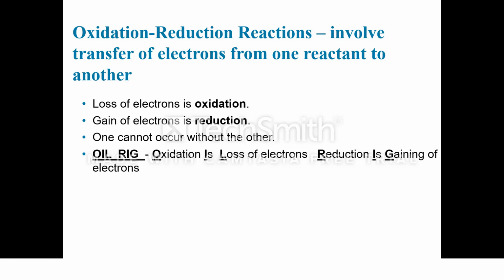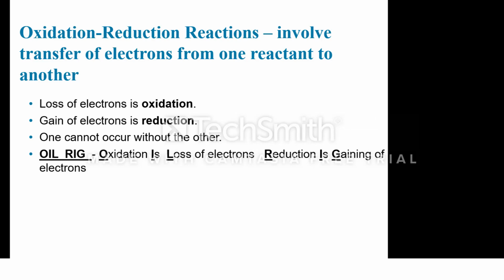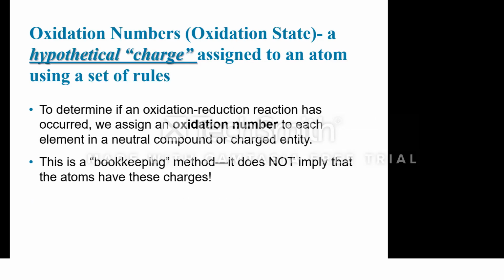So we need to have some way to keep track of these electrons that are moving around in these reactions. We call this term oxidation numbers. Oxidation numbers follow some set of rules.